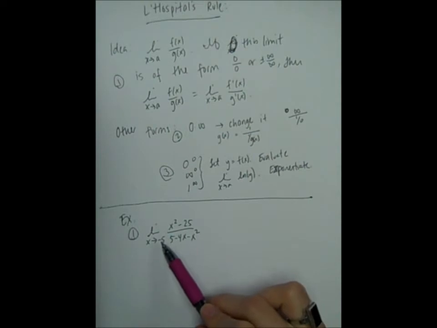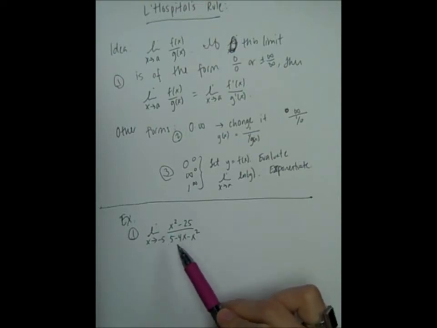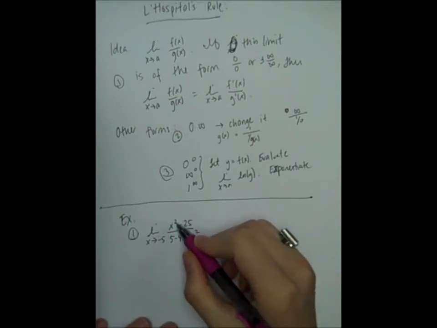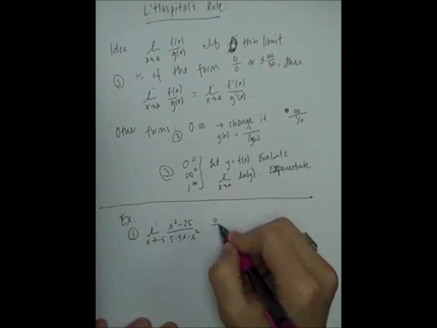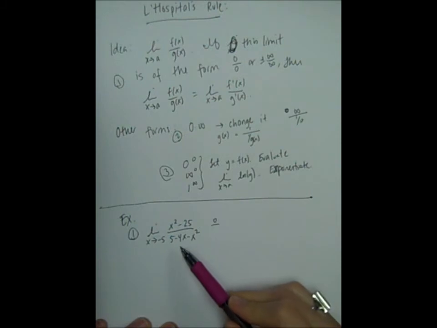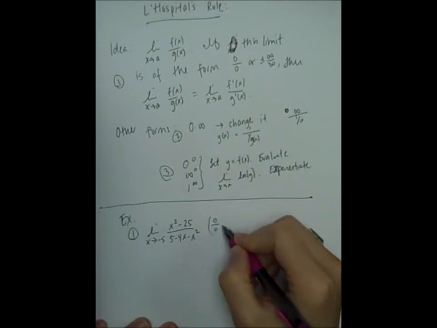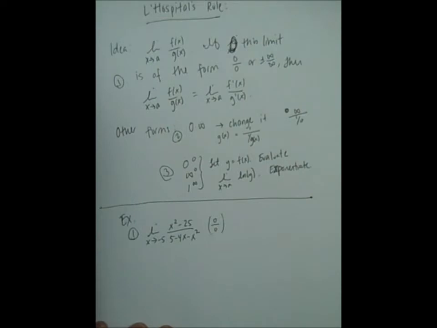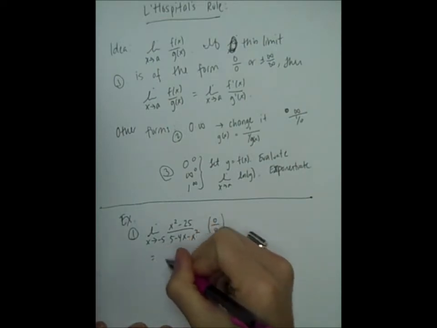If I plug in negative 5 to the top and to the bottom, let's see what happens. If I plug it into the top, I'll get negative 5 squared minus 25, so that's 0. If I plug it into the bottom, I get 5 plus 20 minus 25, so 0. This is the form that we want. It's 0 over 0. That means I can apply L'Hopital's rule.